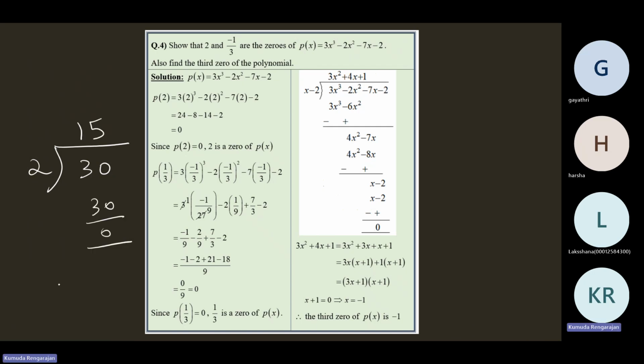Now, when you break down 15 into its prime factors, 3 5s are 15. So the factors of 30 are 2, 3 and 5. We know that 2 into 15 is 30. So the factors of 30 are here in 2 into 15. 2 into what is 15? 3 into 5.